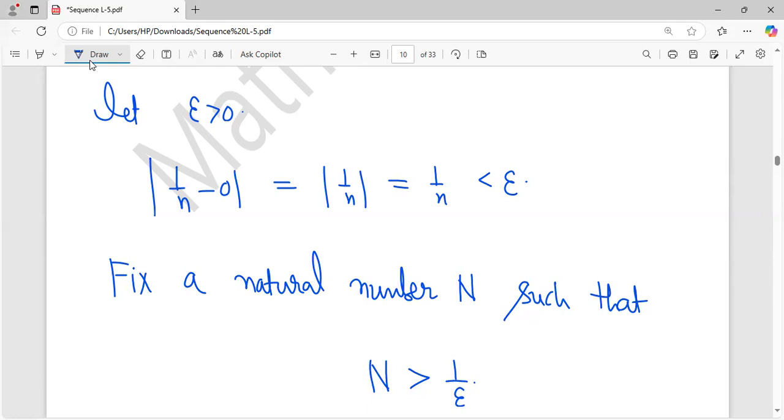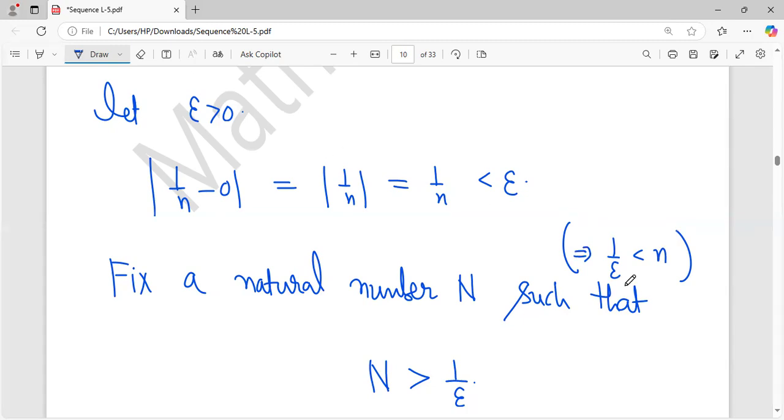This is giving the idea. I can solve it for n. 1 upon n less than epsilon will imply that n should be greater than 1 upon epsilon. So I am fixing an epsilon. Ultimately, I need to find an N corresponding to epsilon. So I am fixing a natural number first, that is greater than 1 upon epsilon.